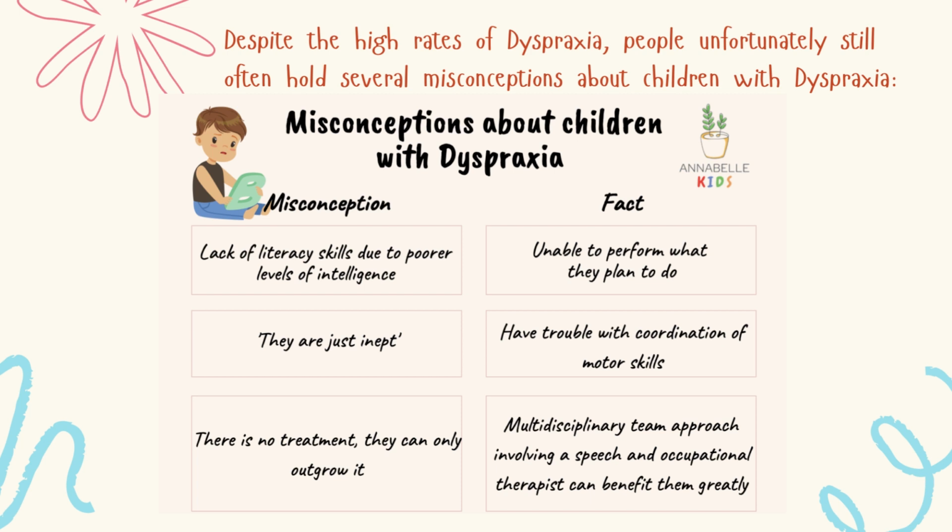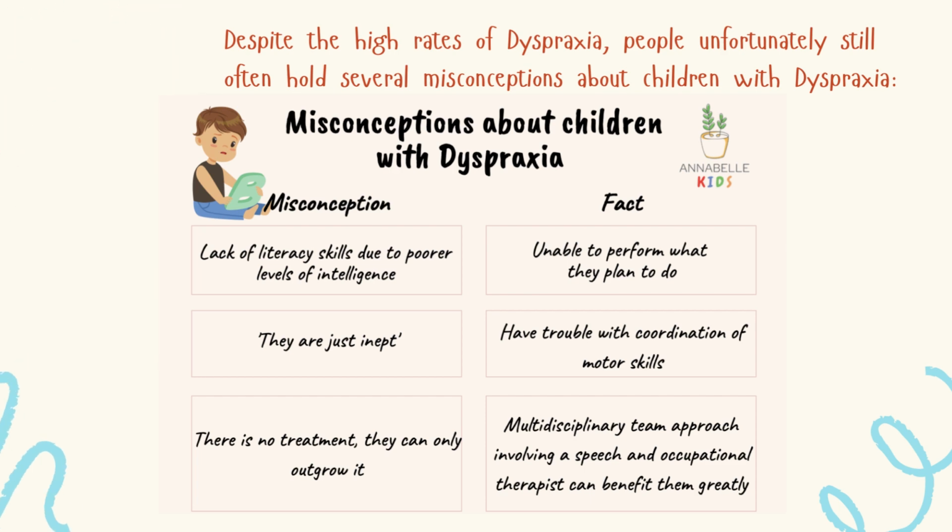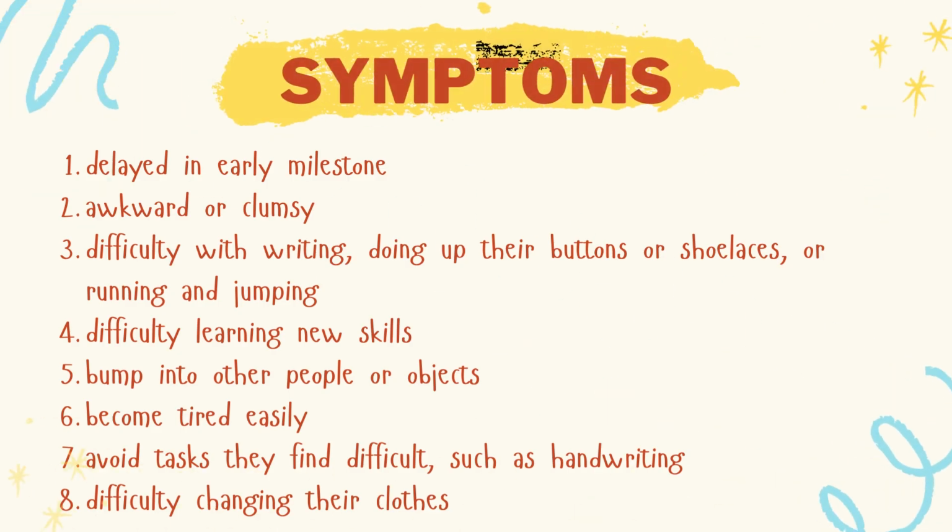We cannot look at a person with dyspraxia and think there is no treatment. Actually there is. We just need to be open minded and try to accept whatever condition the person has.